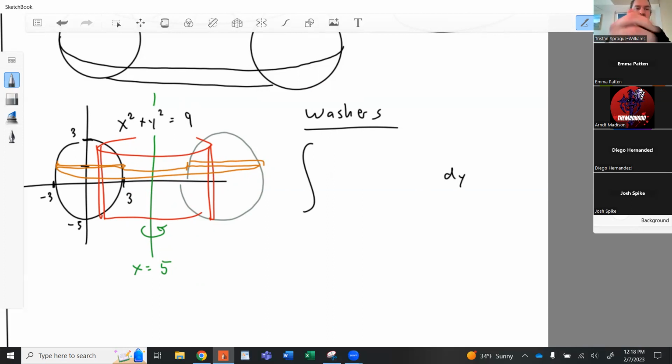This is similar to revolving about the y-axis. The line x equals 5 is parallel to the y-axis. So what I taught you about how this matches the name of the axis you're revolving around would apply in this situation. This is parallel to the y-axis, so we're doing a dy integral.